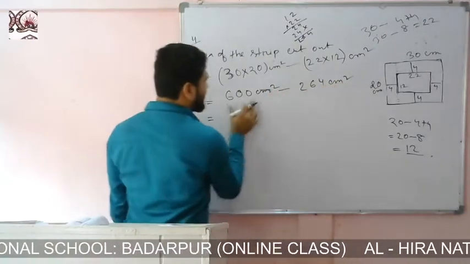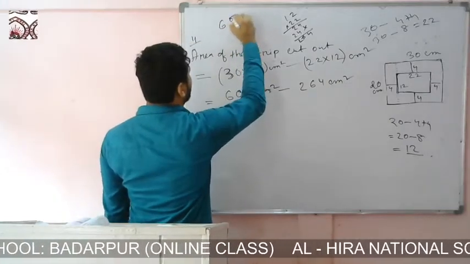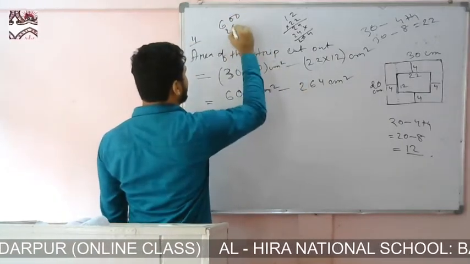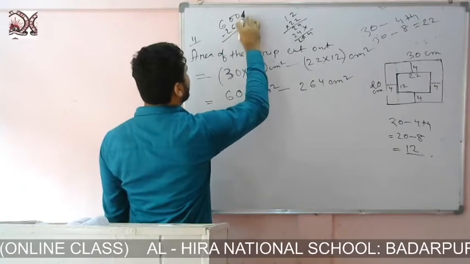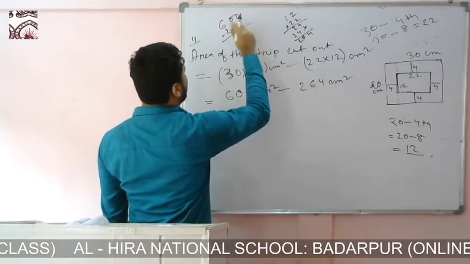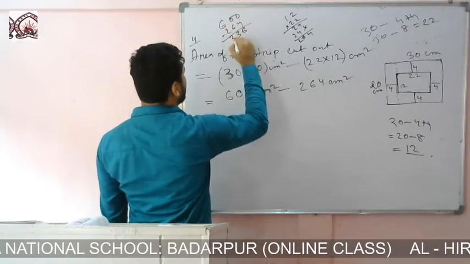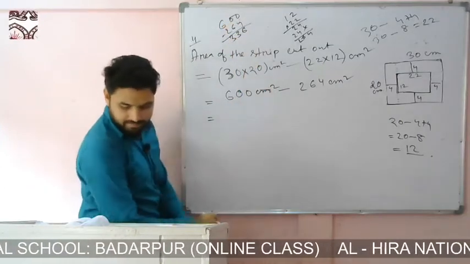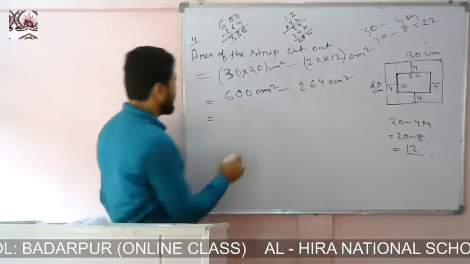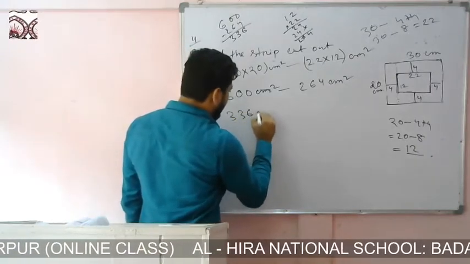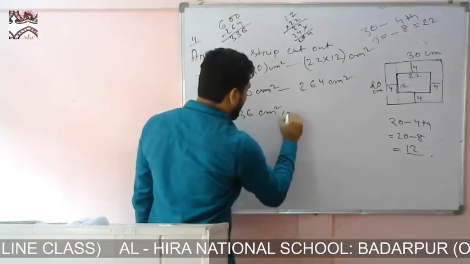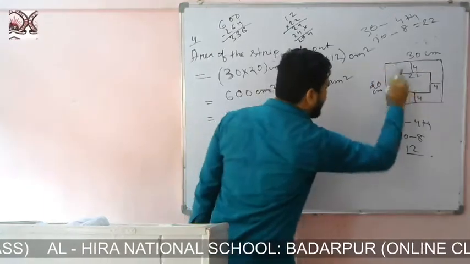Now subtract 264 from 600, and the remainder is 336. So 336 centimeter square is the portion that has been cut out.